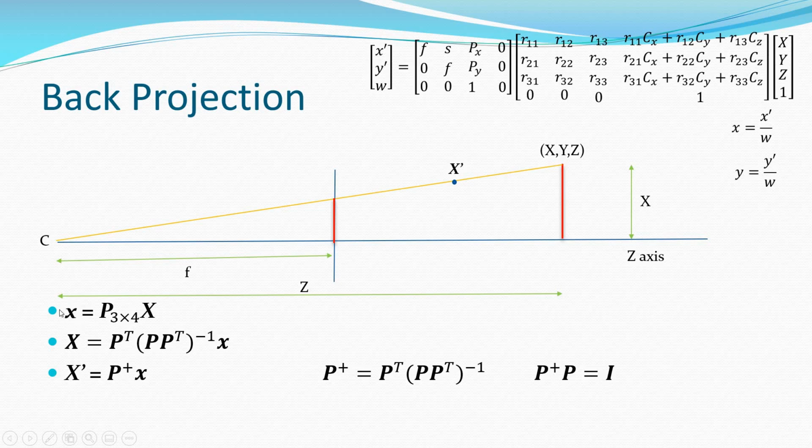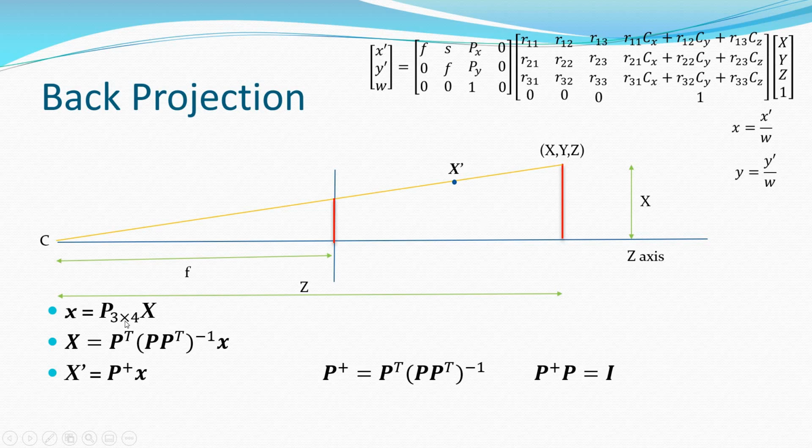Given this equation, this is a vector consisting of these three values, x dash, y dash and w. This is our projective matrix, which is comprised of these two matrices. The multiplication of these two matrices is nothing but P 3 cross 4, and this is our world coordinate vector, that is capital X.